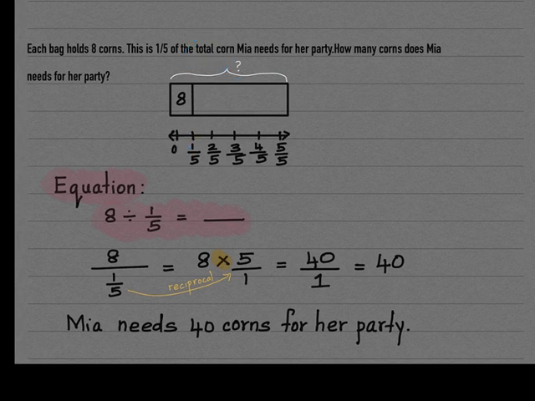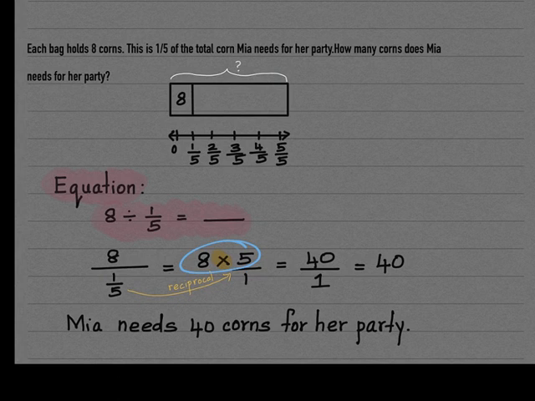Okay. So to find the total, let us multiply the two values. For that, the fraction has to go to the denominator. So when we multiply, we can multiply the two values together. 8 divided by 1/5 becomes reciprocal and can be written as 5 over 1.